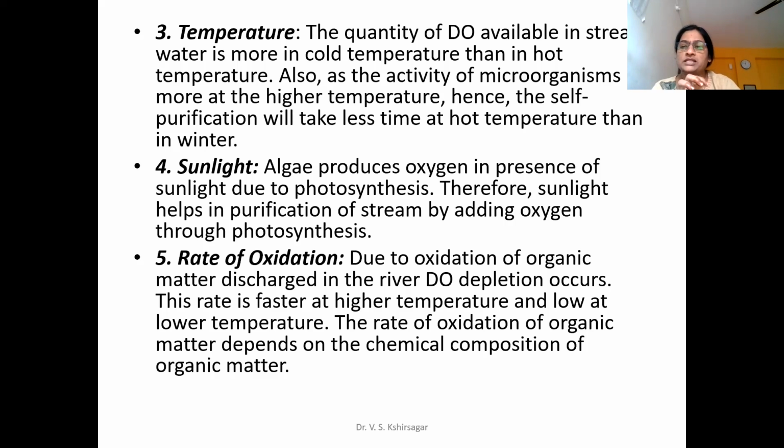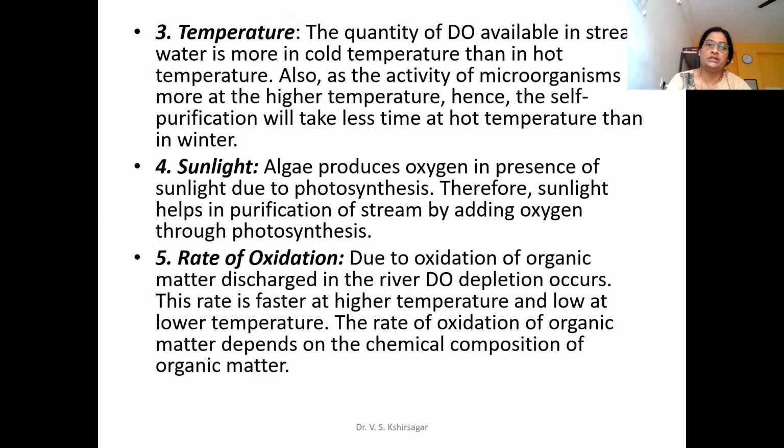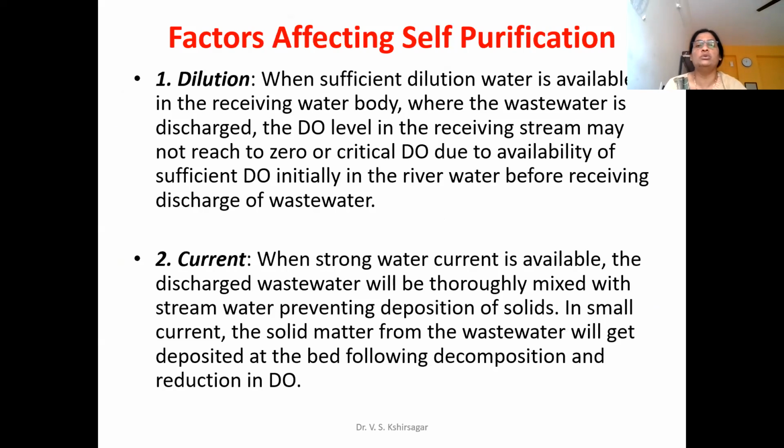If it is very complex, it will take a lot of time. If it is a simple form of organic matter, it will get degraded easily. Okay, so rate of oxidation is also one of the important parameters affecting the self purification process.